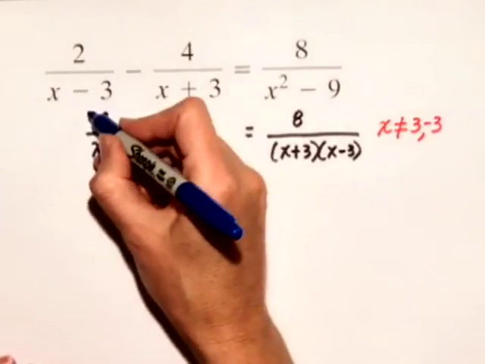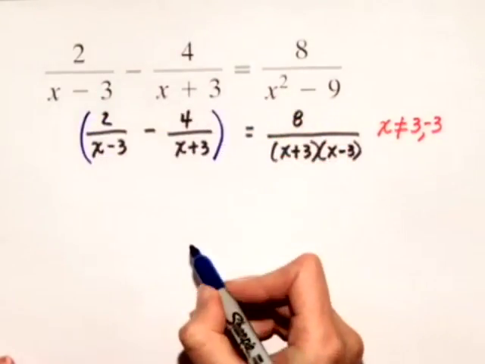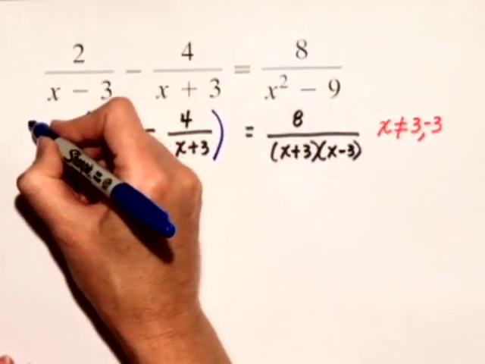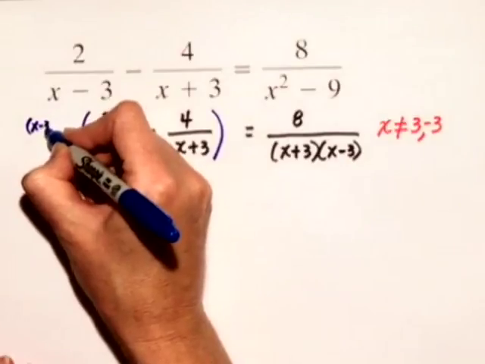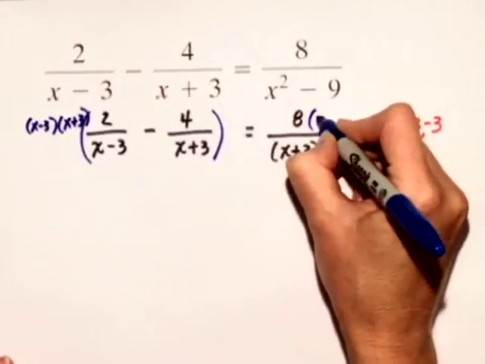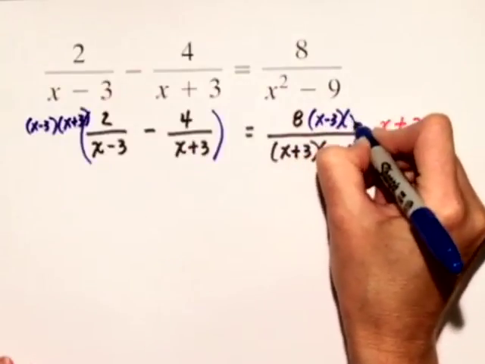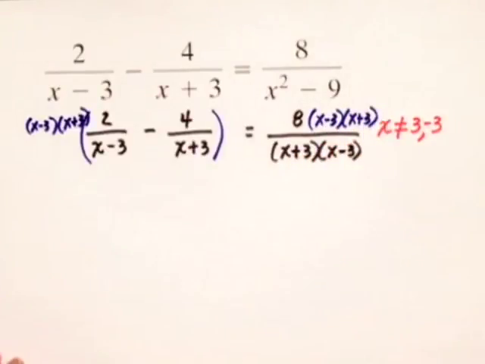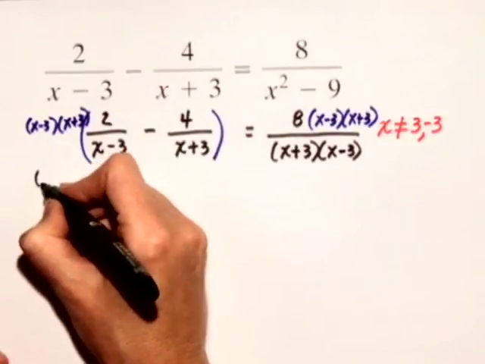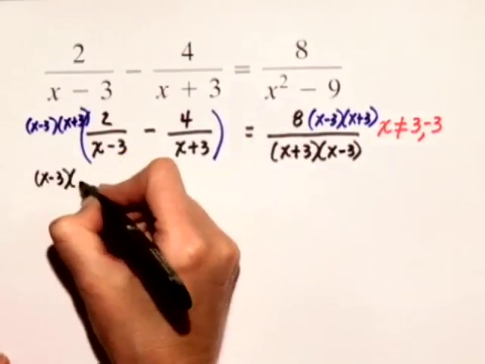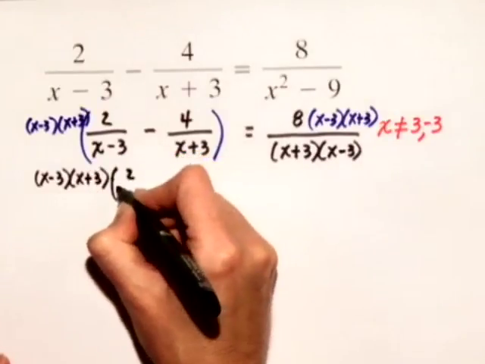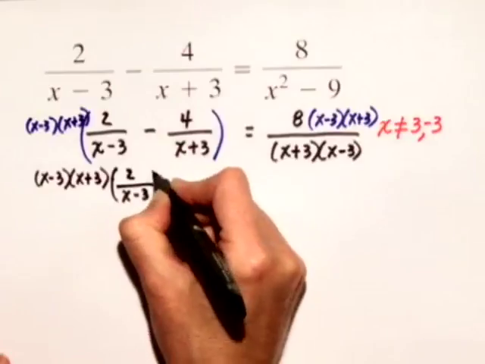We're going to multiply both sides of this equation through by the quantity x minus 3 times x plus 3 on both sides. When we do that, we have x minus 3 times x plus 3 times 2 over x minus 3.